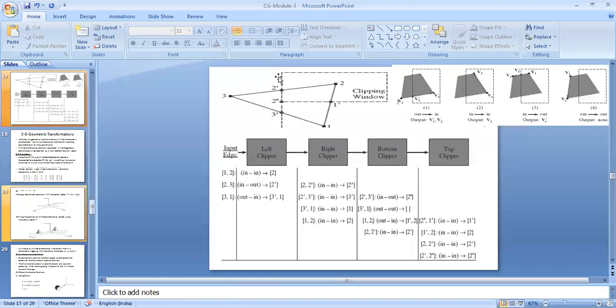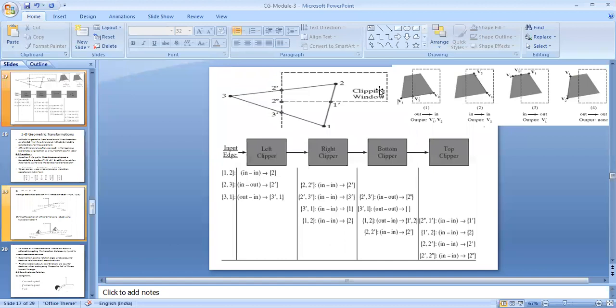So now we will apply the right clipping. For right clipping, the right side of my clipping window becomes my boundary now. This is the boundary. Right clipper means outside this I don't have anything.